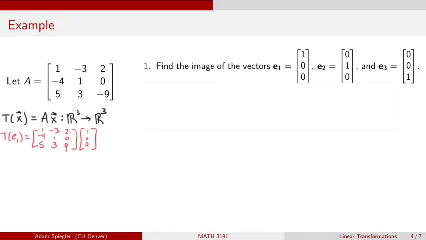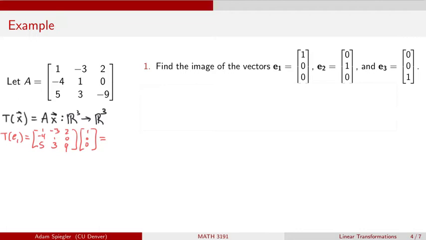And so if we want to see where this first vector E1 gets mapped to, well, this is saying we're going to take E1, which is 1, 0, 0, and we're going to multiply A times that vector. So A, again, is the same matrix that we had up top. So based on how we define matrix vector multiplication, what we're going to get is the number 1 times the first column.